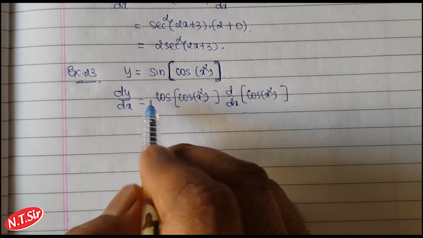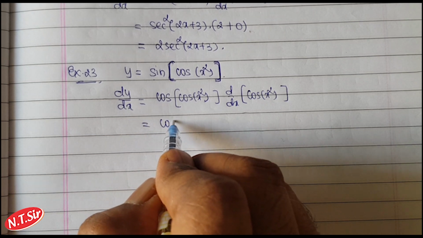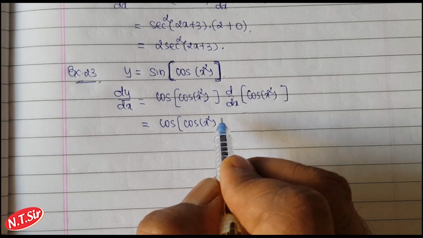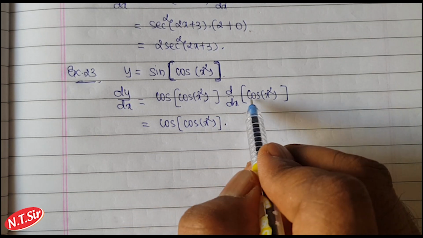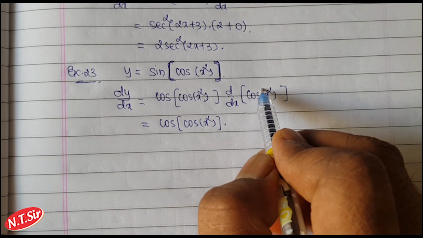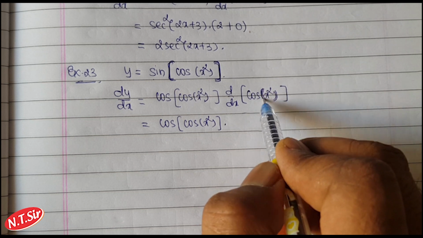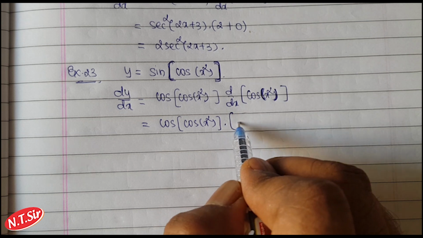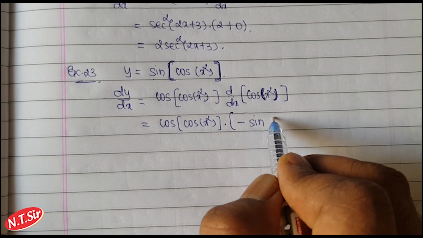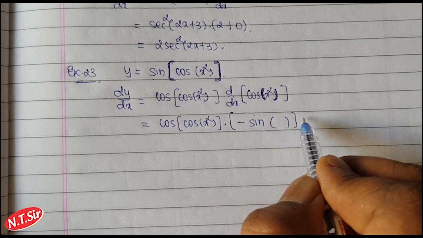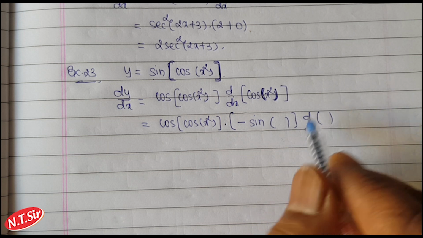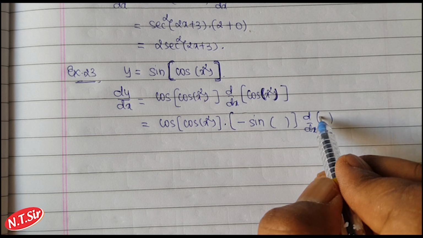Now this is cos x square into d dx of cos. This is again bracket. So cos bracket, derivative of cos bracket is minus sine bracket into d dx of bracket again, ब्रैकेट में क्या है x square.